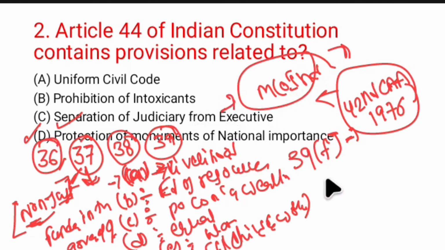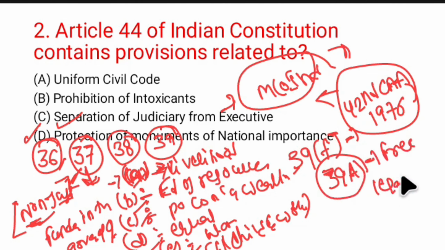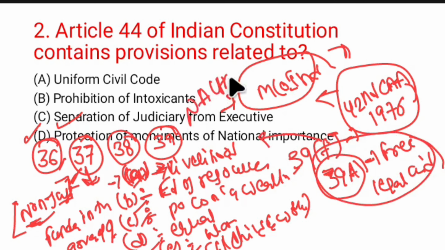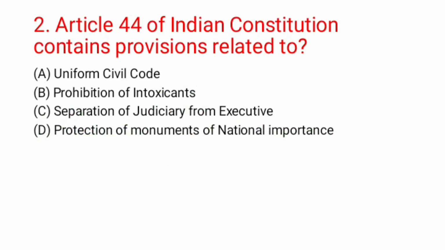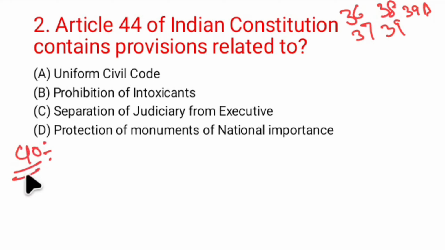So these were 39 a, b, c, d, e, f, and one more thing we have is 39 capital A. 39A talks about free legal aid. Based on these provisions, Parliament passed the NALSA Act in the year 1987 to provide free legal aid to the poor and needy. So we have seen Articles 36, 37, 38, 39 and 39A, and Article 40 talks about organization of village panchayats.